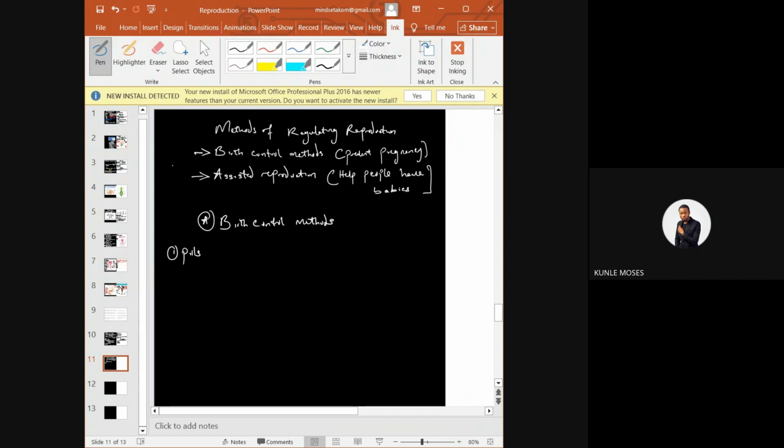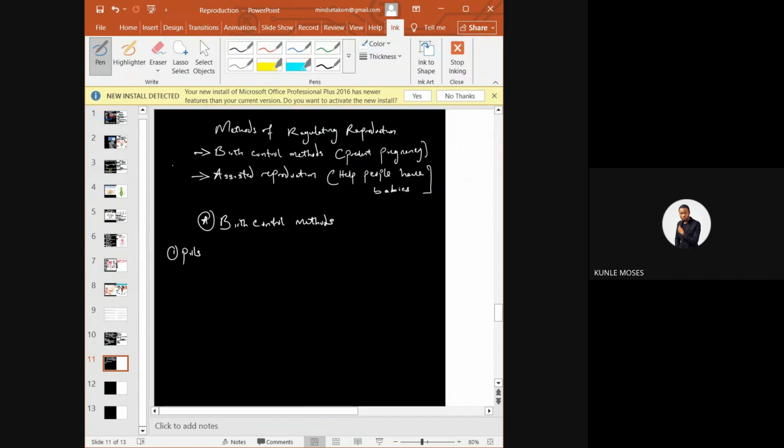And what these pills do is that they help to stop ovulation. They can stop the release of eggs from the ovary. So if there's no egg, there can never be fertilization. Are we together? And if there's no fertilization, pregnancy cannot happen. So the idea there is that with no egg, even if sperm comes inside your body, sperm cannot fertilize anything.